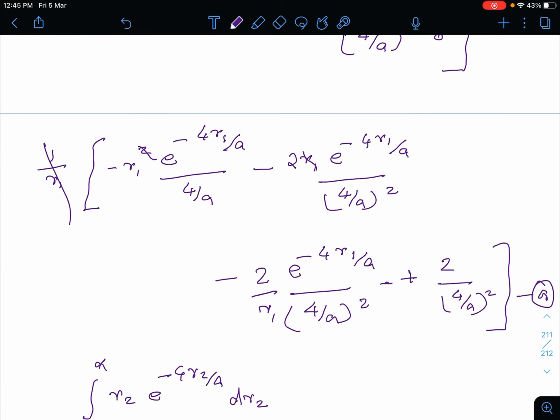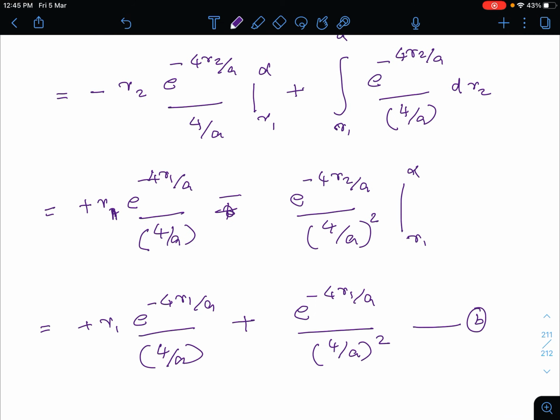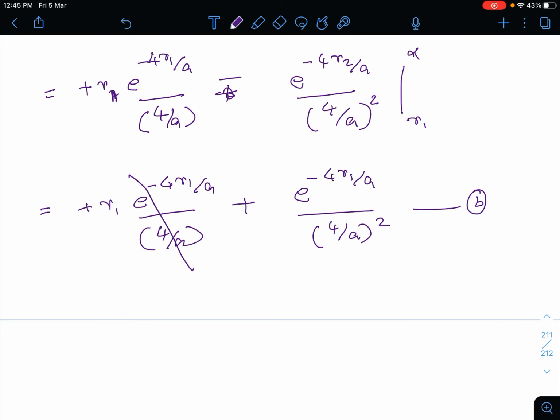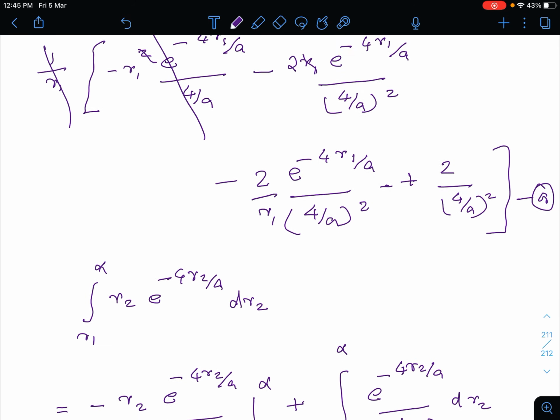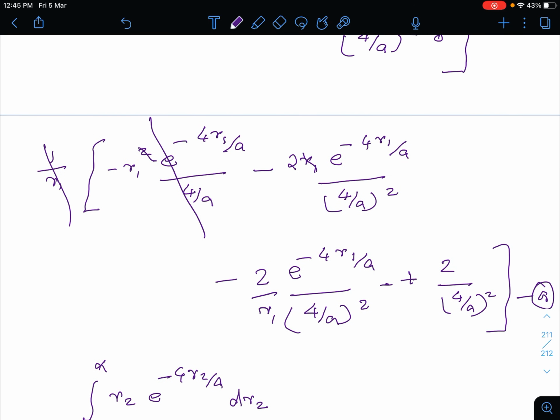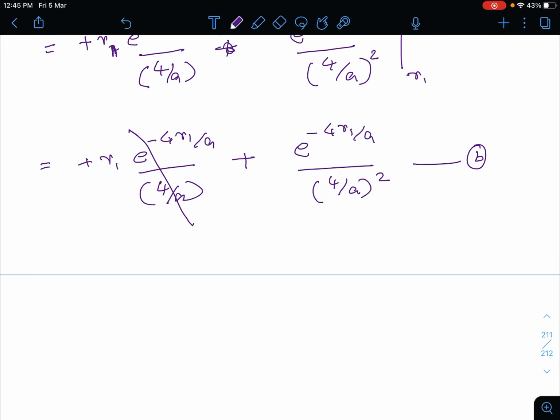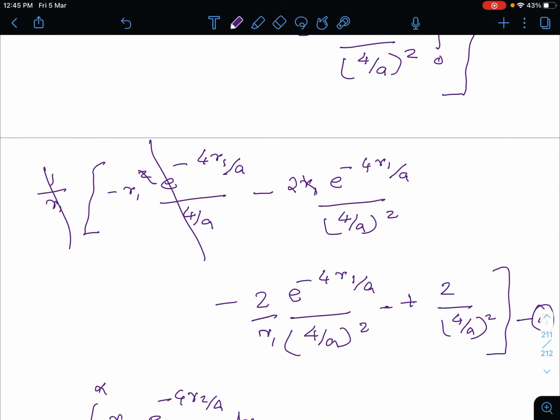What happens when we add both? So this and this get cancelled. Now what remains? You have a minus 2 e raised to minus 4 R1 divided by A divided by (4A) square. Then you have a plus e raised to minus 4 R1 divided by (4 by A) whole square. So again this gets cancelled, so this minus 2 becomes minus 1.